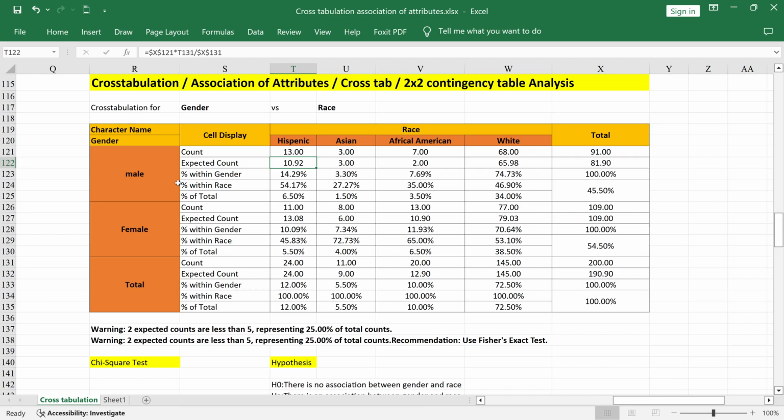Then you calculate percent within gender, and percent within race as well. Then percent of total, and finally you will get 45.50%. Means if you see how many males among the 200, 45.50% are male students. And how many are females there?